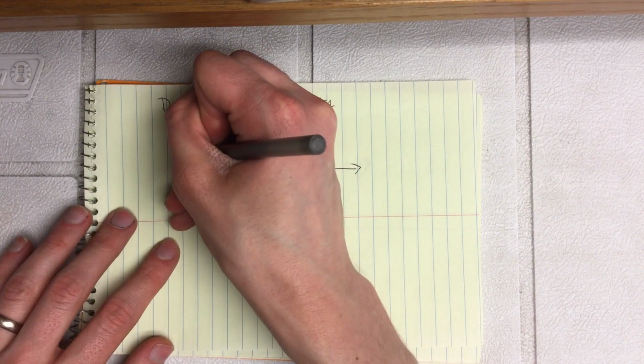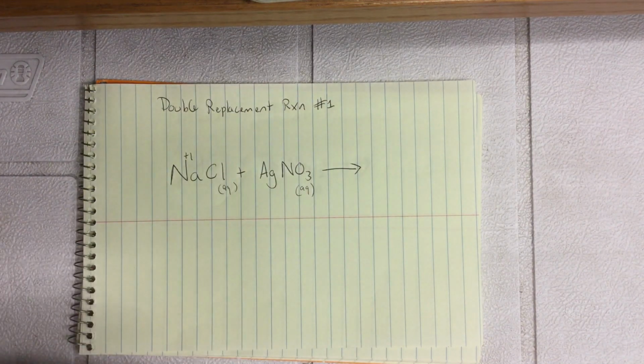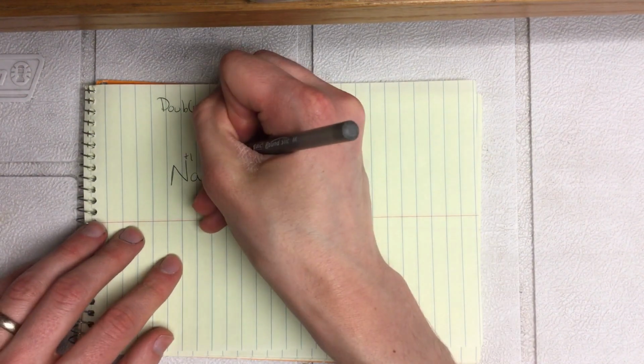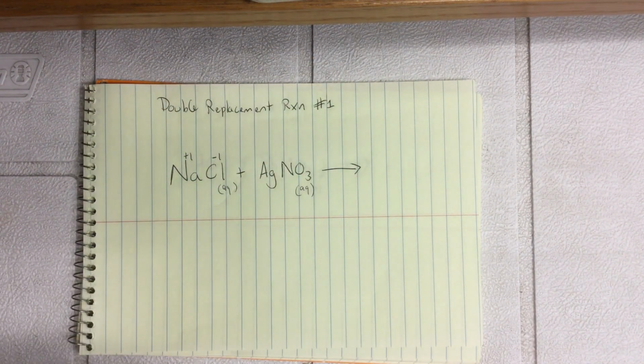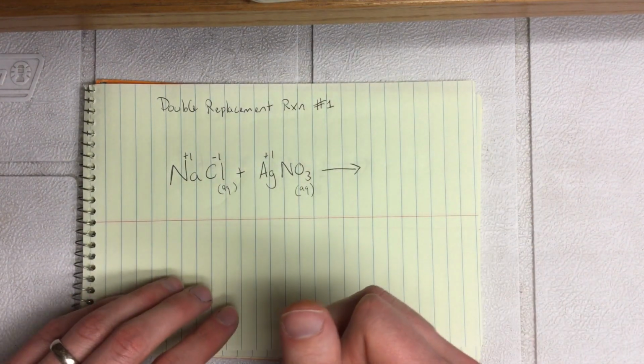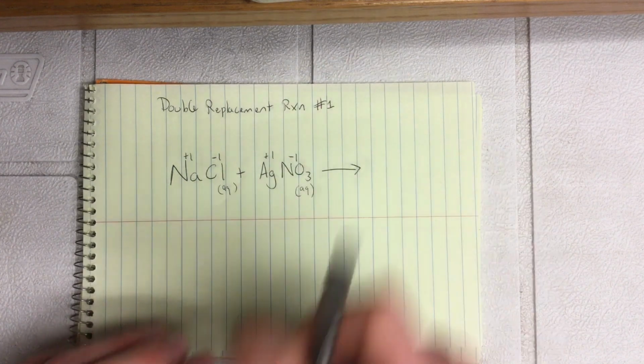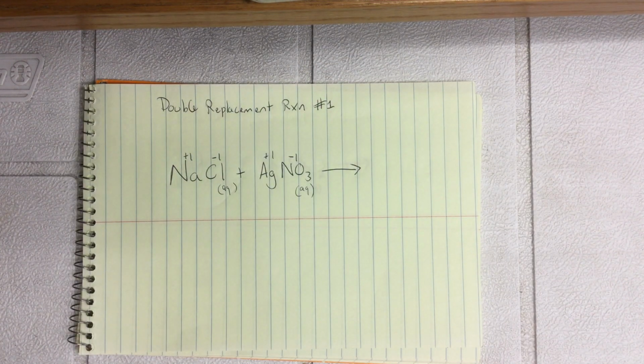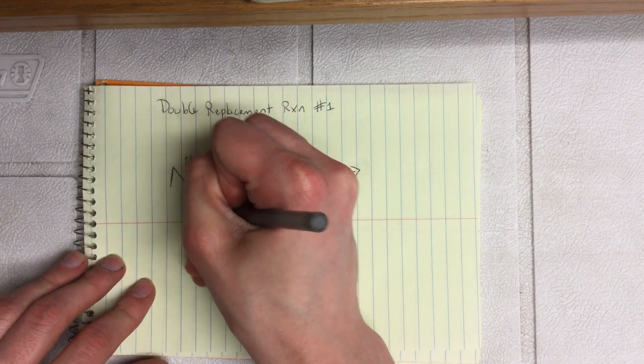So we know from our periodic table that sodium is +1, chlorine is -1, silver is +1, and nitrate is -1.